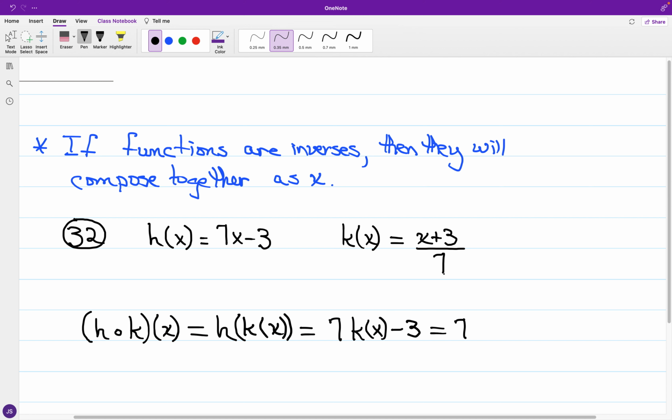And filling in for k of x, we have x plus 3 all over 7, followed by the subtraction of 3.